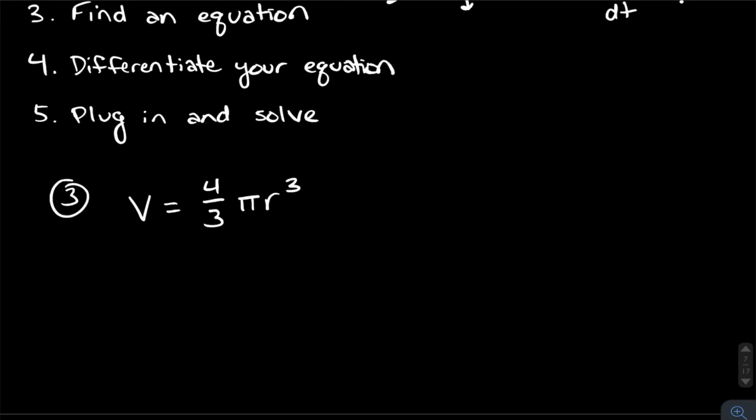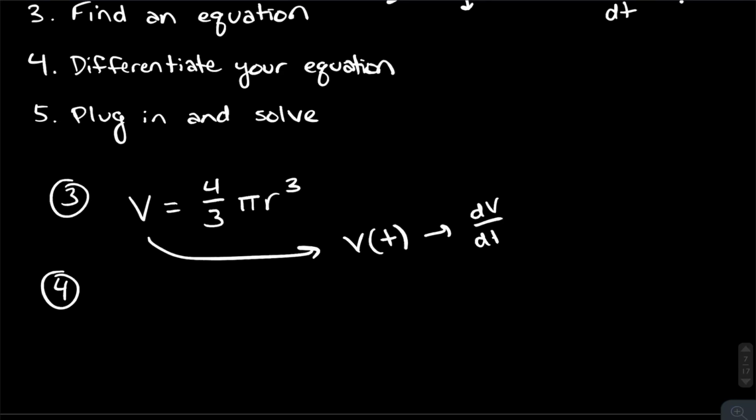We did that. So step 4, differentiate your equation. What we want to do now is take a derivative with respect to time, okay? And remember, all of these things are functions of time, right? That's why I did that review from before. Volume is a function of time. So when you take a derivative with respect to time, you're going to get dV/dt, right?